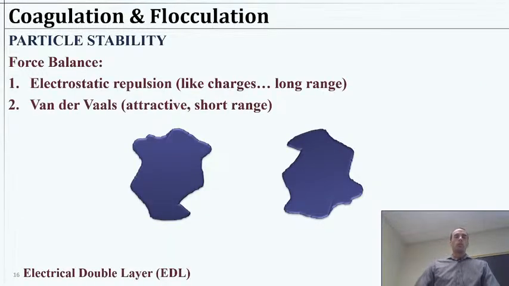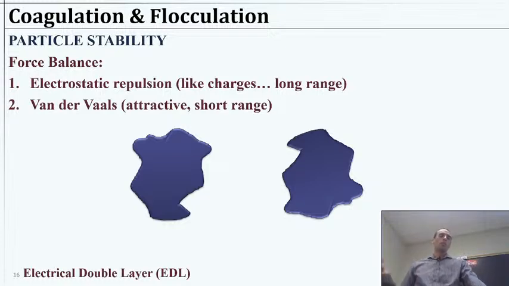Okay, so when we consider particles floating around in water that we'll want to remove, we're going to talk about a concept called particle stability. When I say stability, what I'm referring to is that if they're stable, they're not sticking when they touch something. They're stable in the sense that they're not going to stick together and then fall out of solution. They're sort of socially distanced, free, happy, repelling other stuff around them.